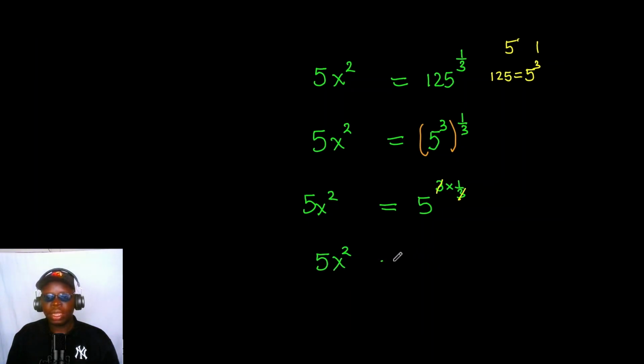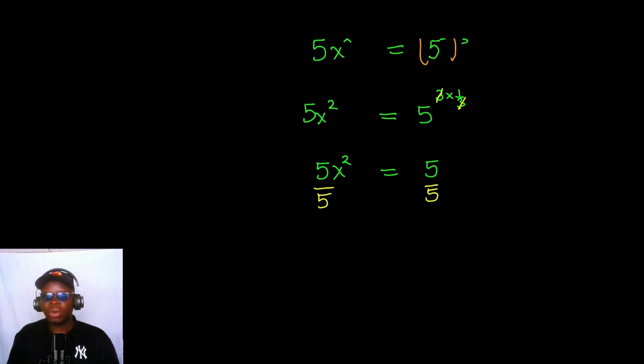5x squared equals 5. Now we can divide both sides of this equation by 5, and the 5 disappears from the left hand side. Therefore, we only have here x squared equals 1, and we get a root on both sides. So here we have x equals either positive or negative 1.